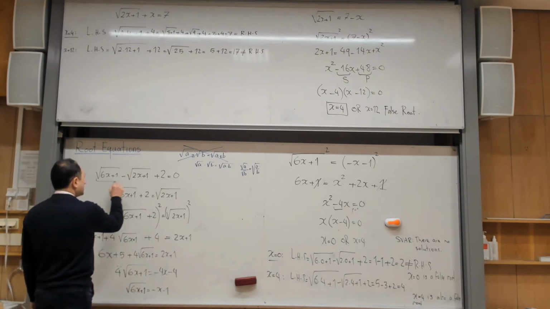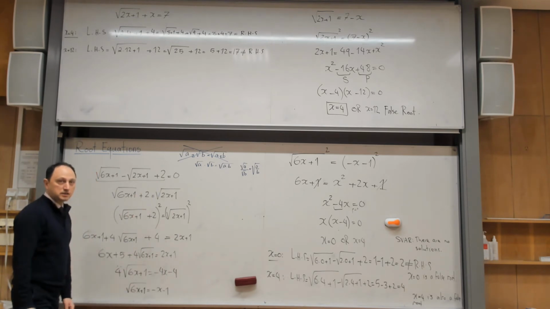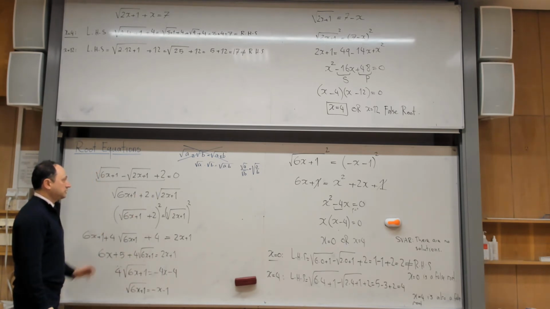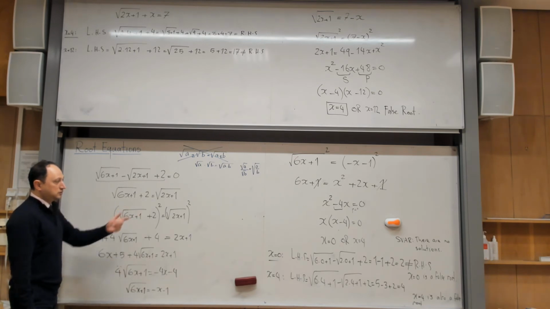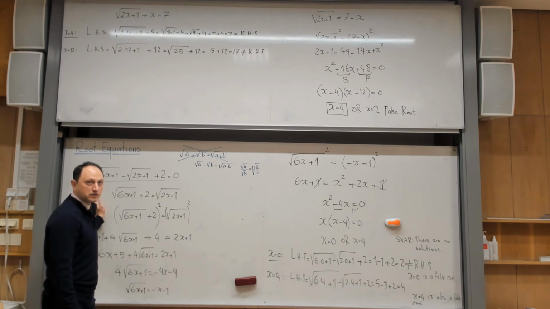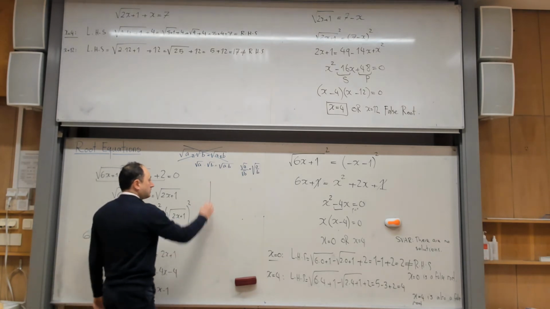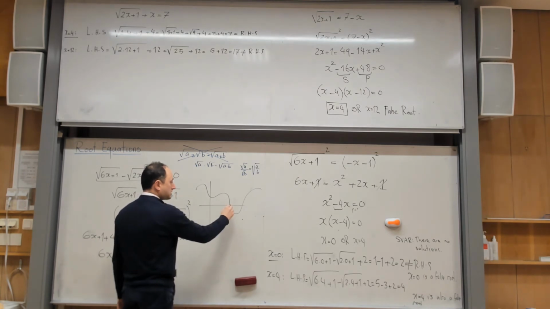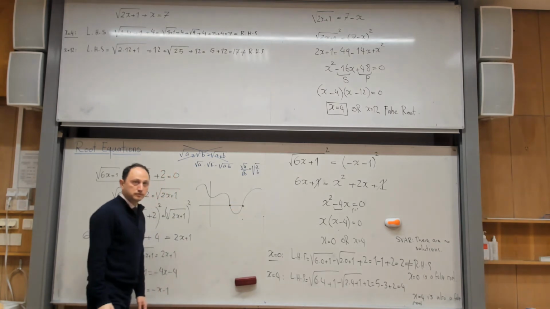If I draw this with GeoGebra as a function, okay, what do you predict for the function? You can say something now, that this function will not intersect the x-axis. Because if you have a function that intersects the x-axis, these are the roots. Yes?